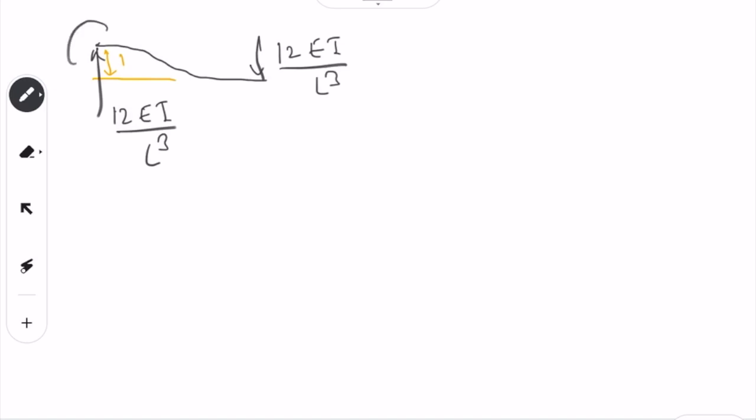Then there is this one moment which is 6EI over L square. Yeah.